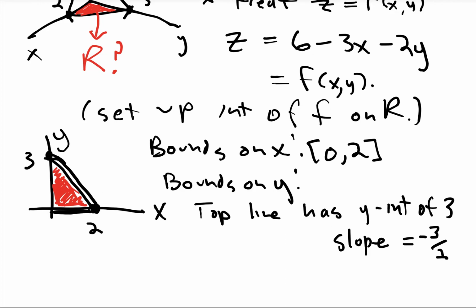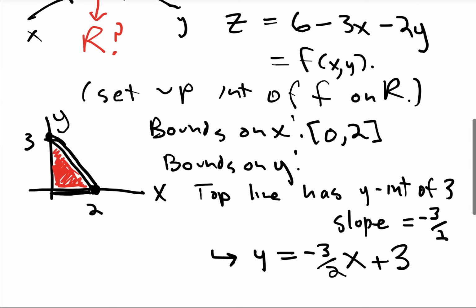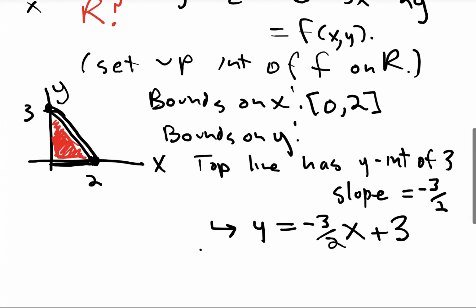This means that that top curve is going to be y equals your m times your x, so -3/2 times your x, plus b, so plus your y-intercept, which is 3. Okay? So we've got that, that was our top line. Again, this bottom line is going to be y equals 0.